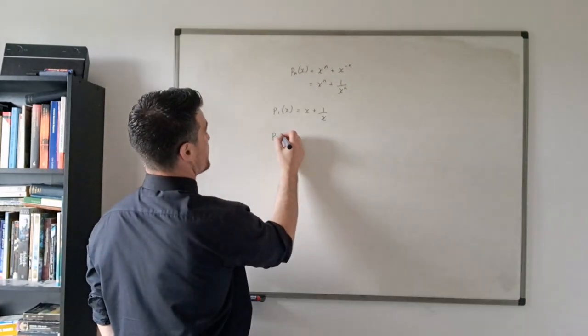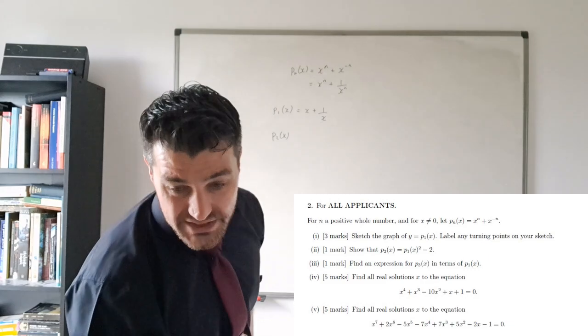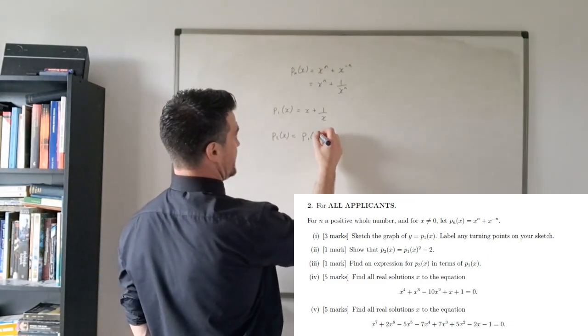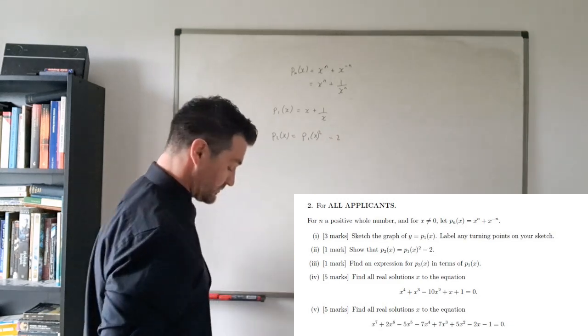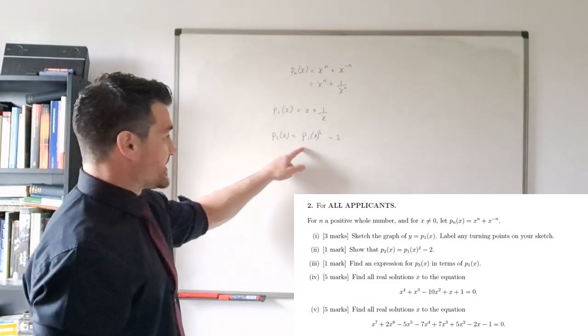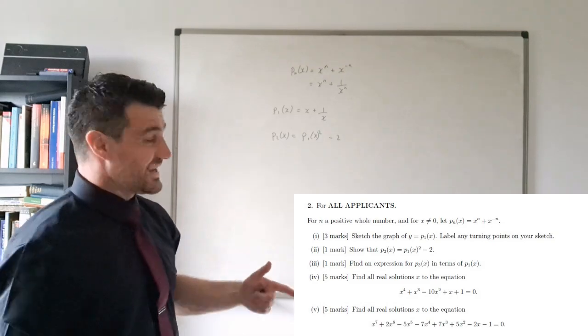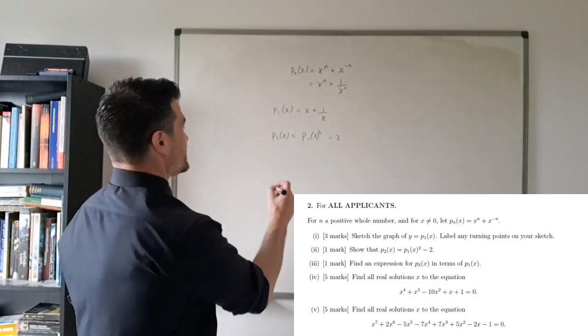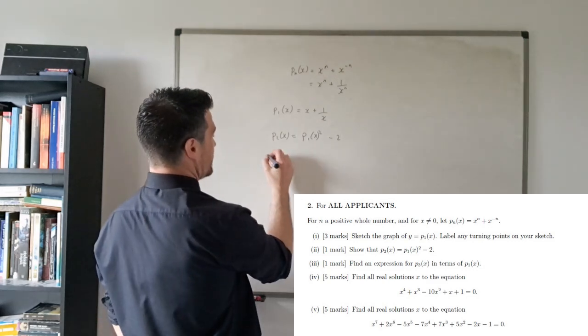Okay, so show that P2x is equal to P1x squared minus 2. We understand this as meaning P1x times P1x, not P1 of x squared or anything like that. Okay, this is easy, straightforward.